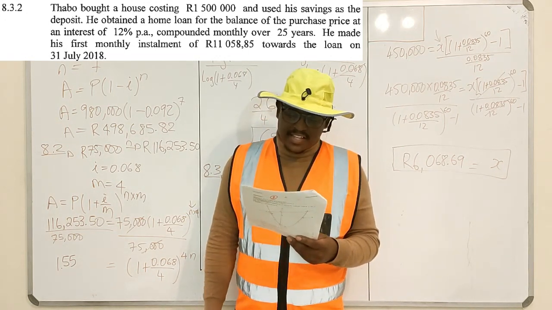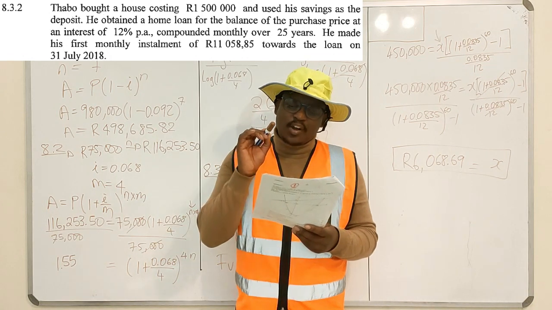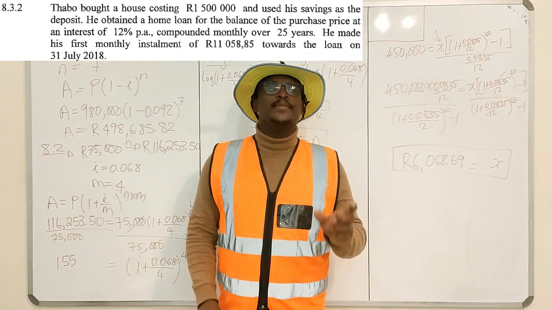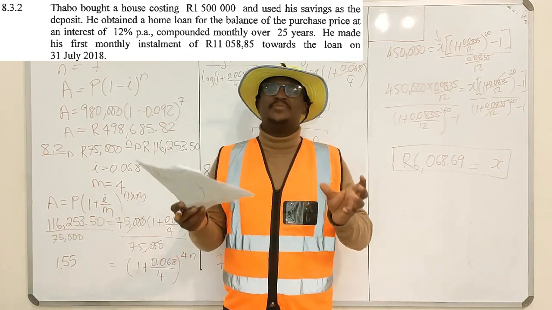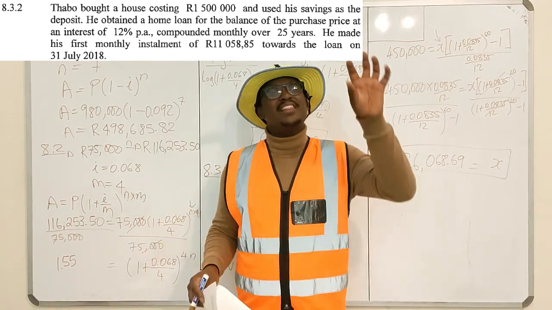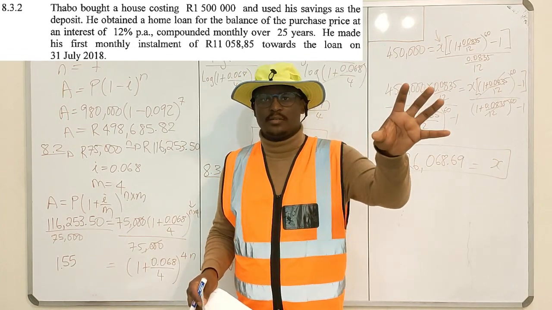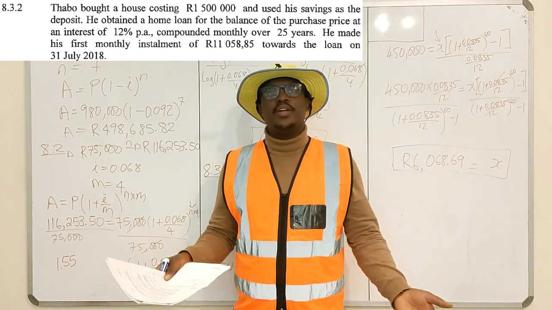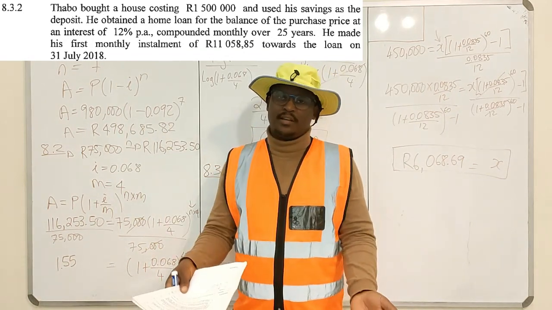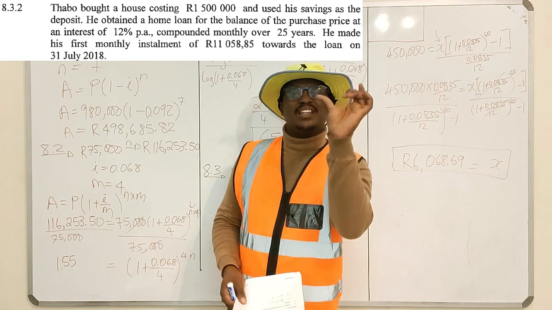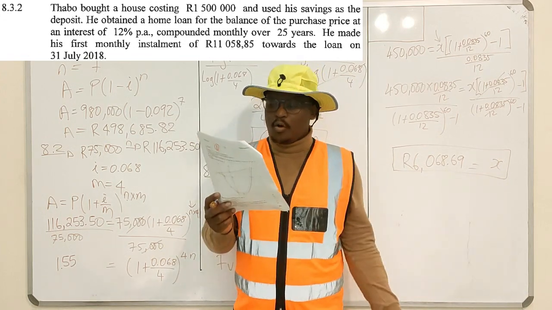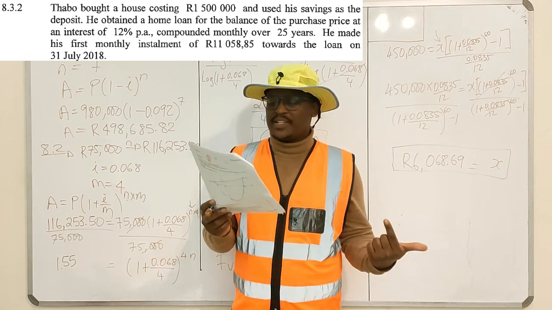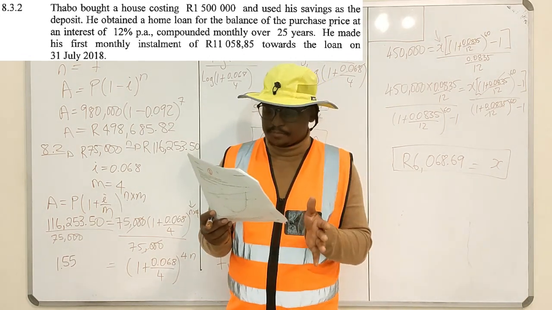So now they are saying that he obtained a home loan for the balance of the purchase price, which is the difference between the amount he deposited and the original value of the house. So it will be 1.5 million minus 450,000. That will be 1,050,000 rands. So that will be the amount that he'll be getting a loan for. And the loan will be paid over a period of 25 years at an interest rate of 12% per annum, compounded monthly.